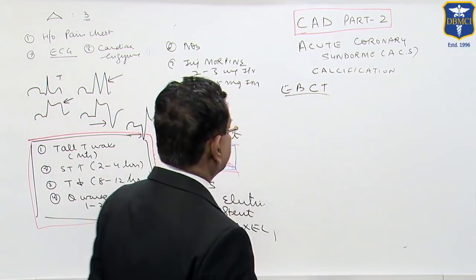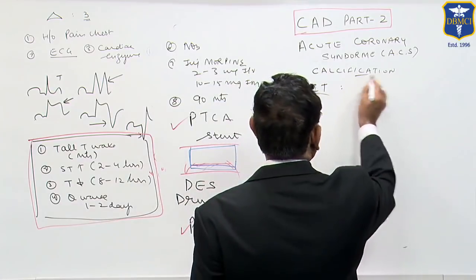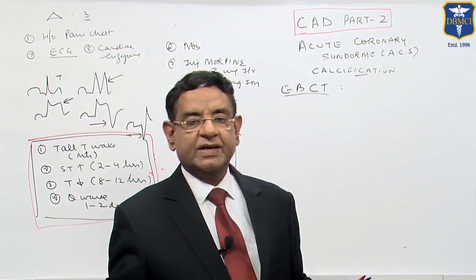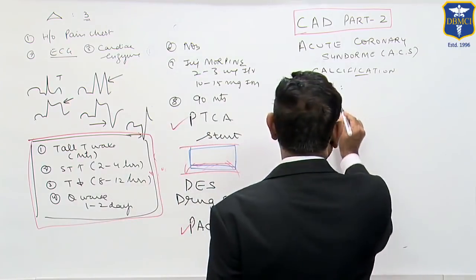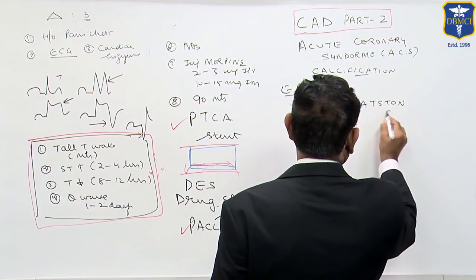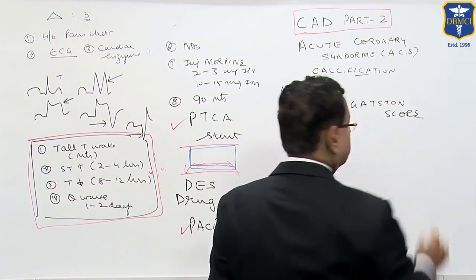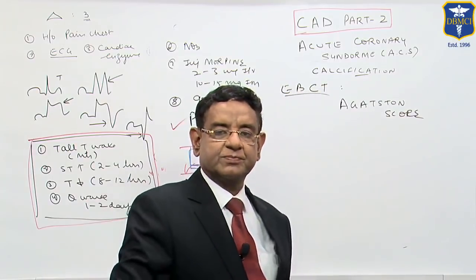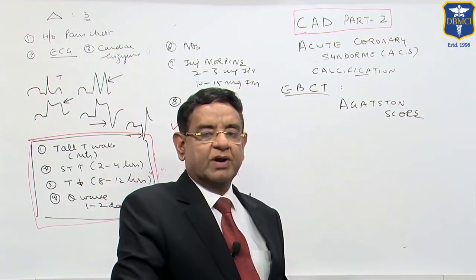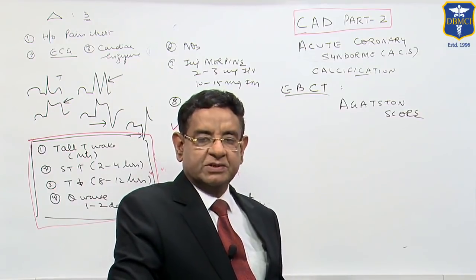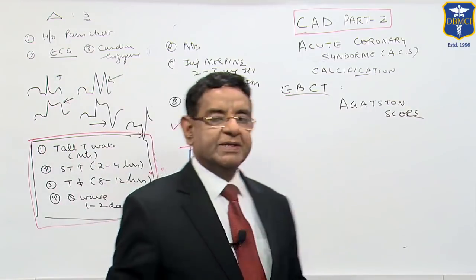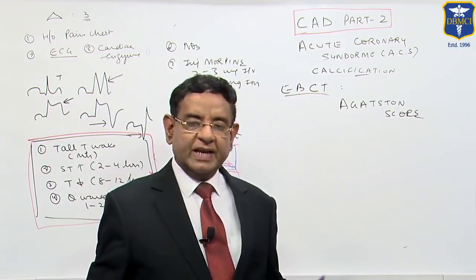By this they can know how much the plaque is calcified, and they use a score called the Agatston score for plaque calcification. And if the plaque is calcified, the patient is sent for coronary artery bypass surgery. Okay. So this was when the patient has come to you within 90 minutes of acute MI.